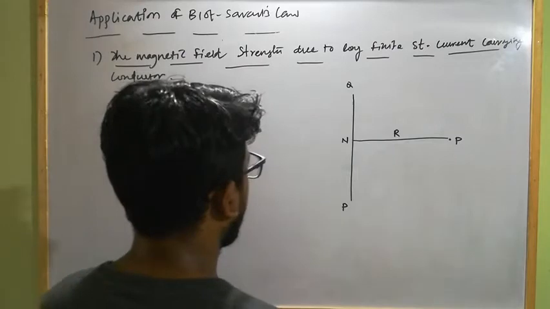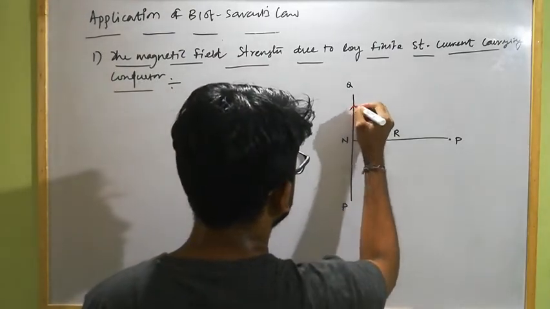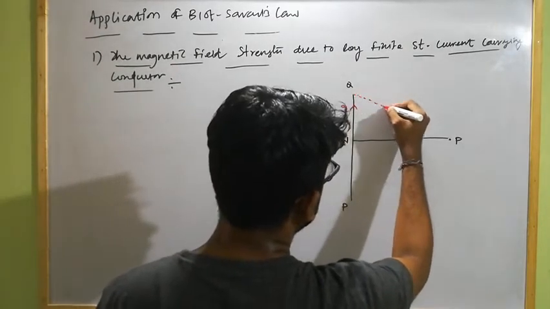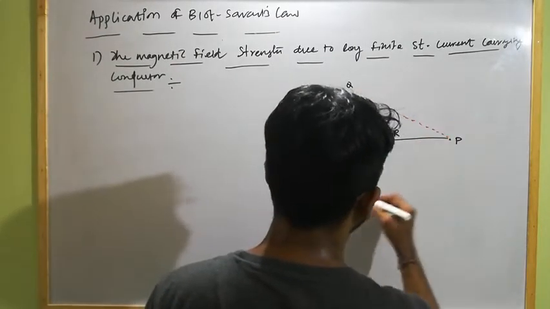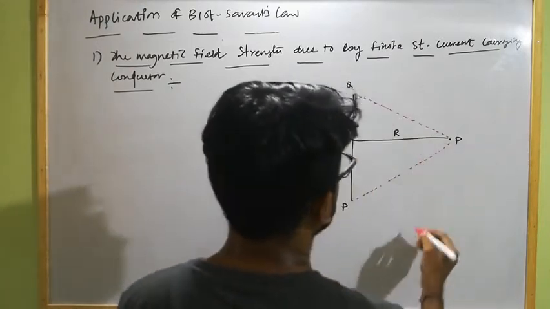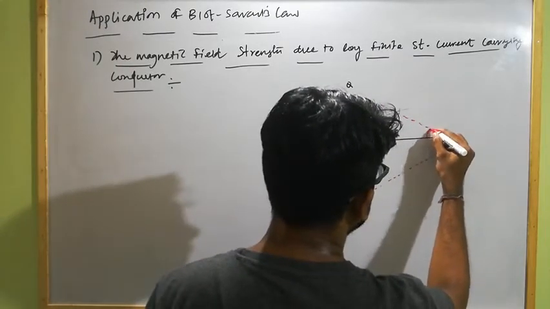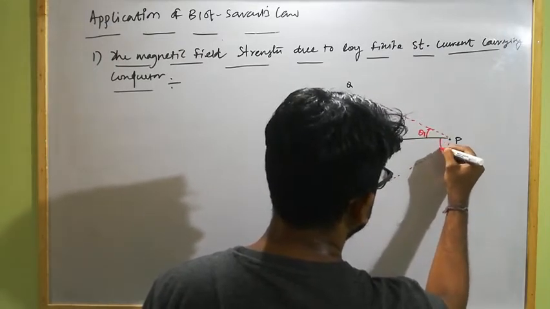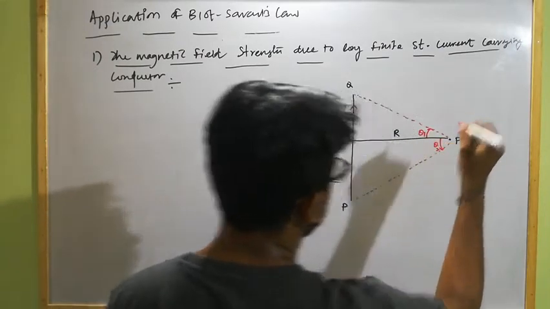And the current I is flowing through this conductor along this direction from P to Q, and the two ends of this current carrying conductor PQ make angles theta 1 and theta 2 with the point of observation P. Let this angle be theta 1 and this angle be theta 2.